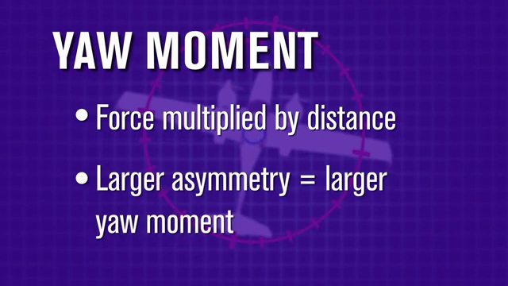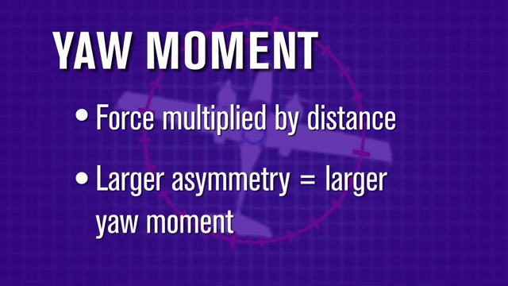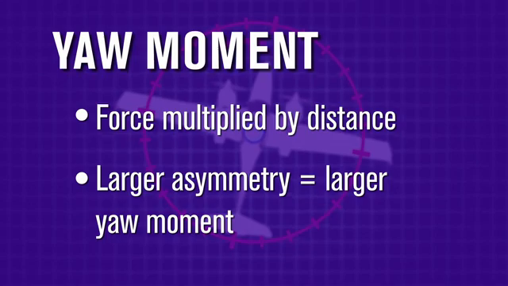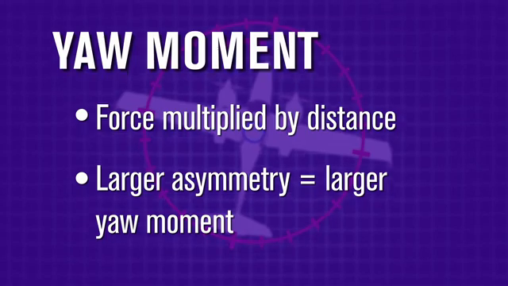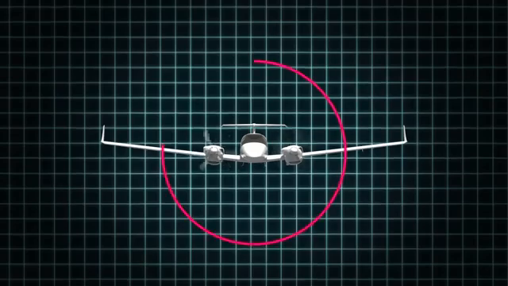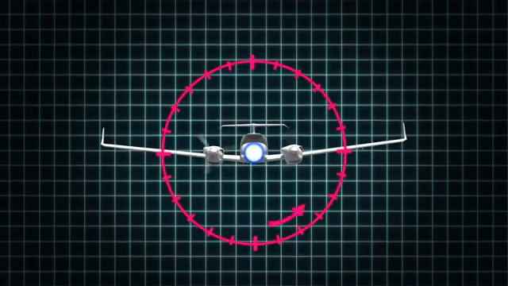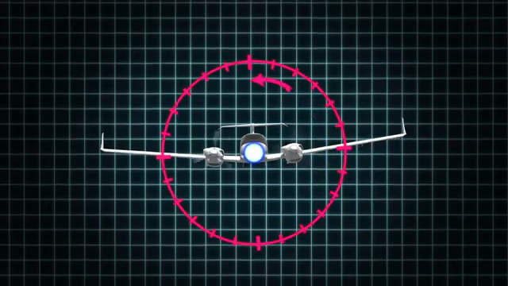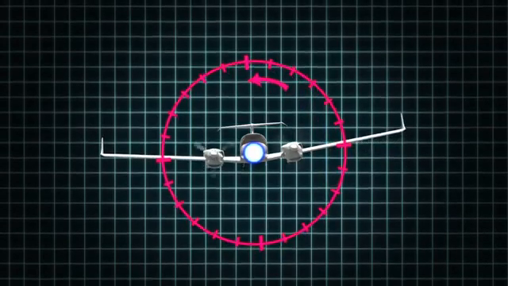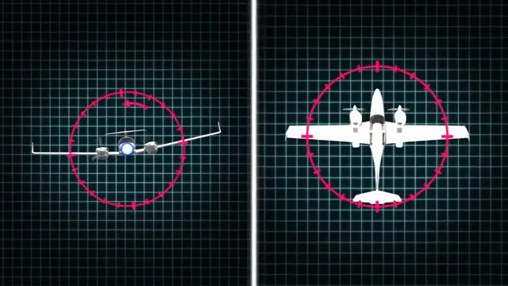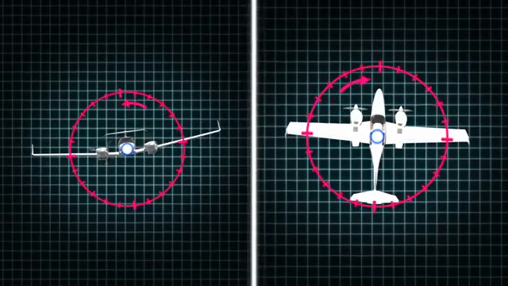Therefore, when there is a larger asymmetry in thrust, there will be a larger yaw moment toward the inoperative engine. In addition to the plane yawing, the imbalance of airflow generated by the propellers will cause the plane to roll towards the inoperative engine. Simply put, the airplane yaws and rolls in the direction of the inoperative engine.